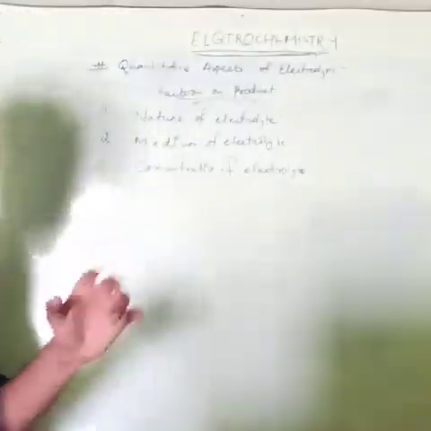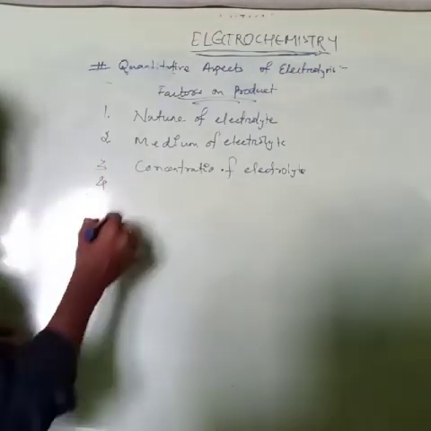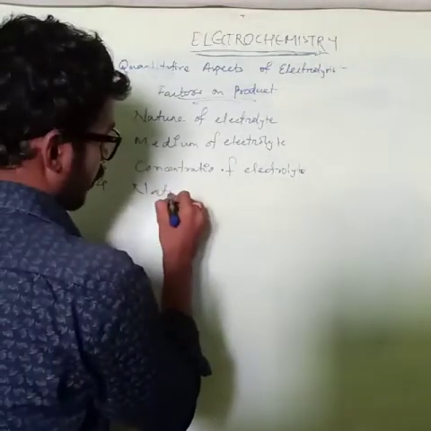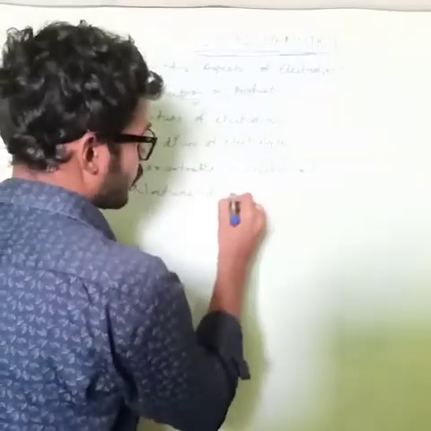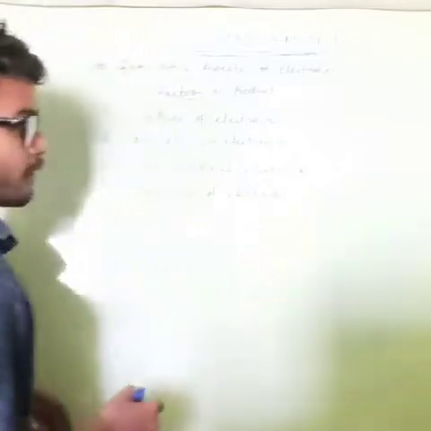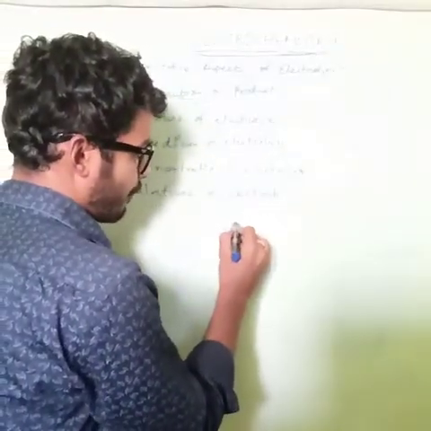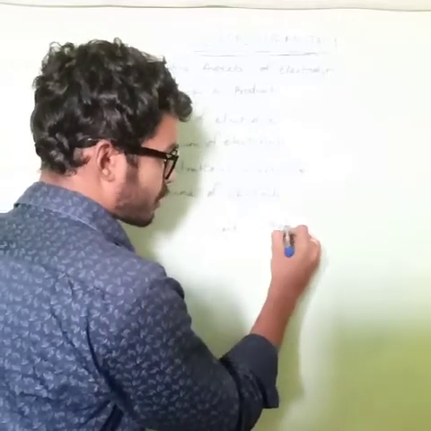And one more important thing is the electrode. What type of electrode have you taken? That is the nature of electrode. This is again of two types: inert electrodes and active electrodes.